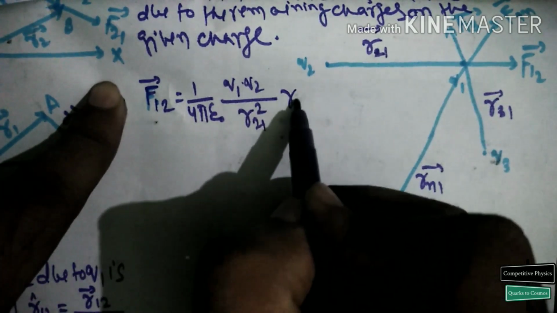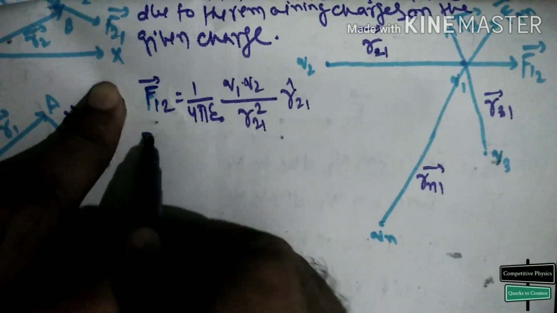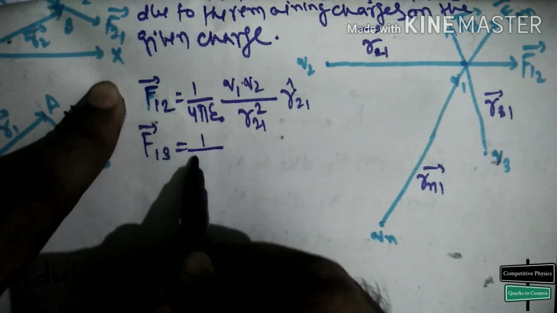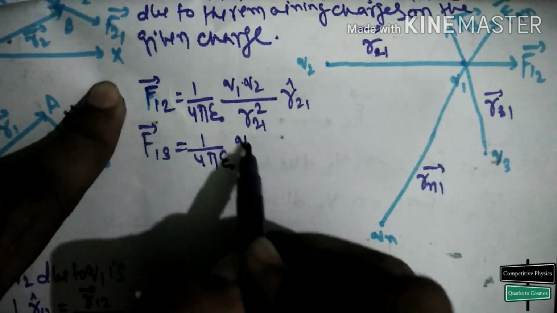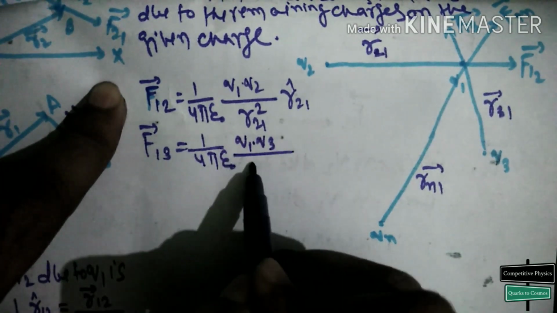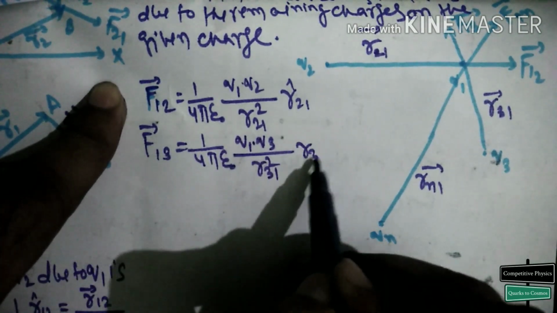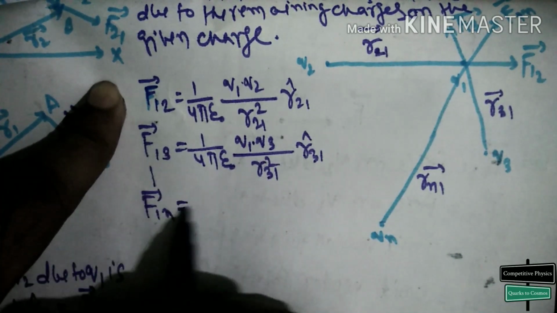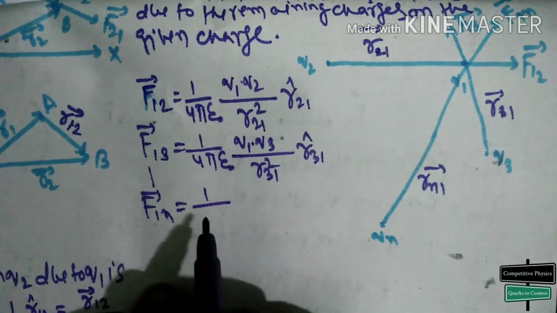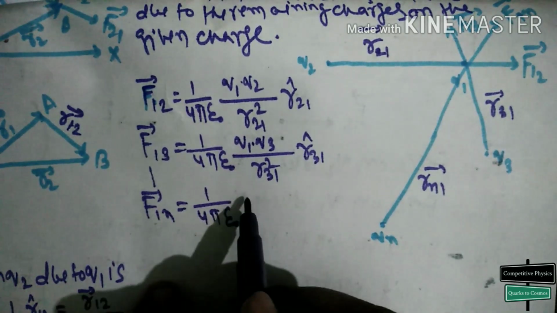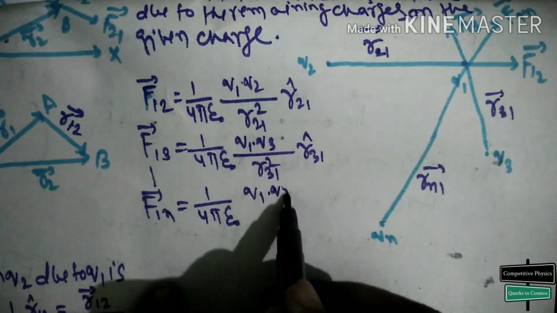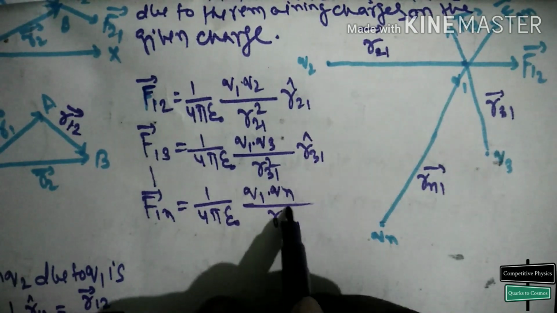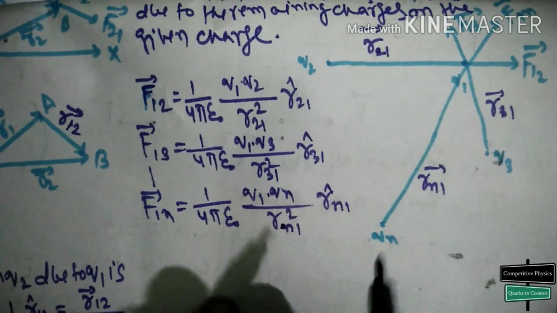So this will be r21 square, r21 cap. Similarly, the force on the first charge due to the third charge will be 1 upon 4 pi epsilon naught, q1 into q3 upon r31 square, r31 cap, and so on. The force on the first charge due to the nth charge will be 1 upon 4 pi epsilon naught, q1 into qn upon rn1 square, rn1 cap.